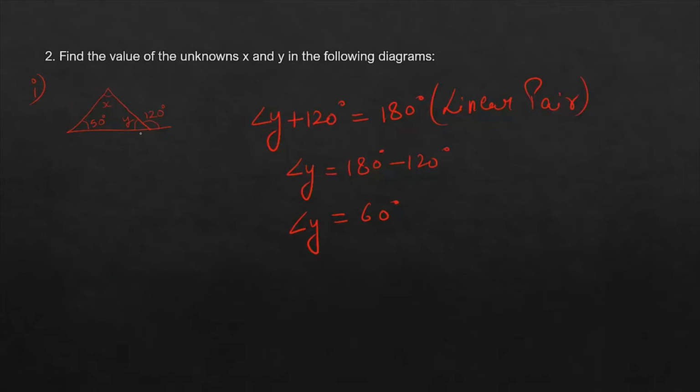Firstly, if we use the exterior angle property, which states that exterior angle is equals to the sum of two opposite interior angles, which means 120 is equals to angle x plus 50. So angle x is equals to 120 minus 50, which is equals to 70 degrees.